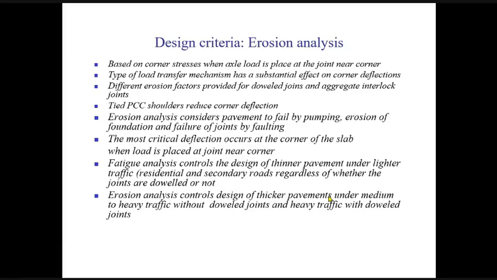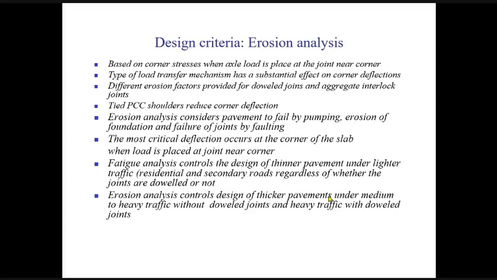Fatigue analysis controls the design of thinner pavements, such as residential and secondary roads, regardless of whether the joints are doweled or not, while erosion analysis controls the design of thicker pavements under medium to heavy traffic without dowel joints. That's why we do both analyses, and you will get a compromise, or at least an economical pavement.